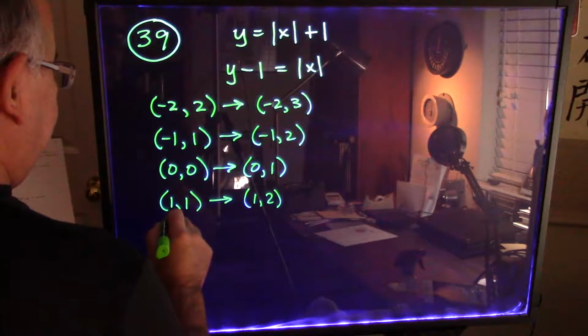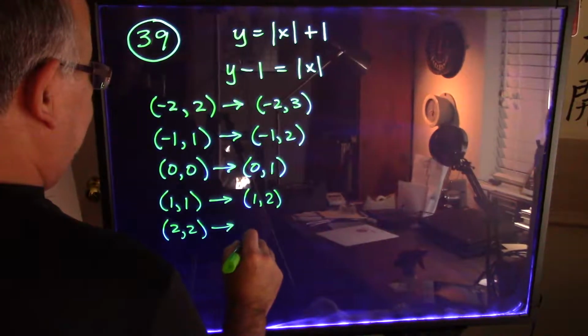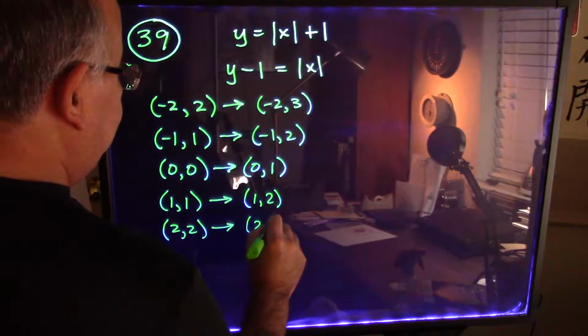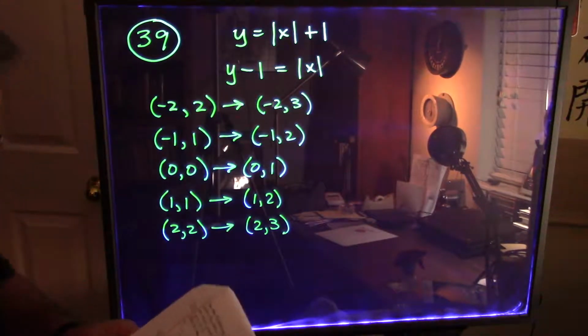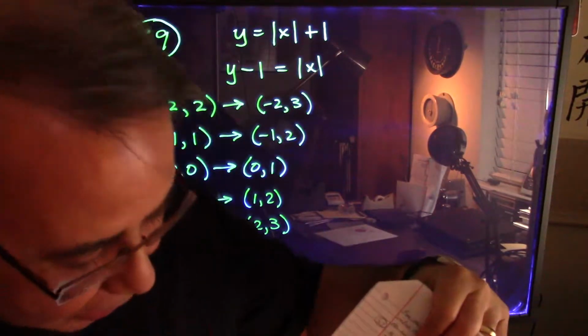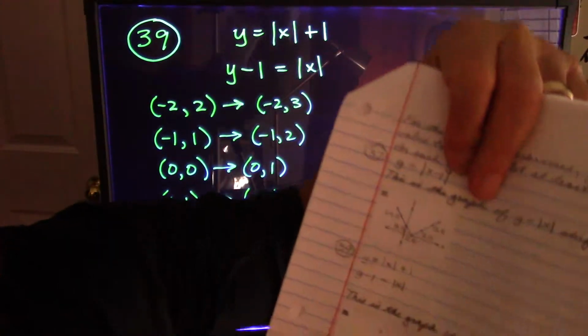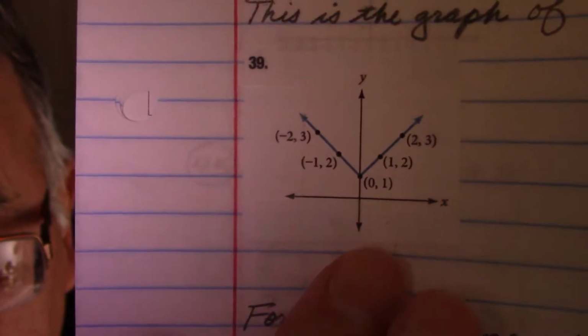And finally, if you take 2, 2, add 1 to the y coordinate, you get 2, 3. Alright, so you plot these points on the right, connect them with solid lines and get your V-shaped absolute value shape, and you should get this graph right there.